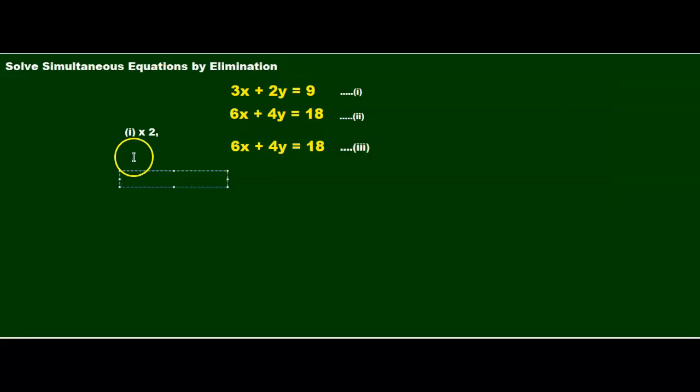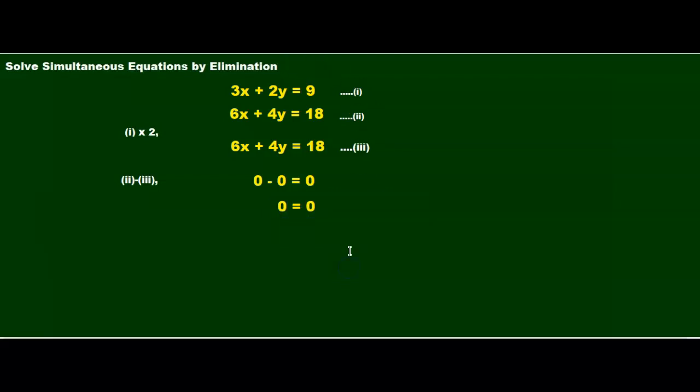Now if you notice, if I subtract equation 3 from equation 2, 6x minus 6x gives me 0, 4y minus 4y gives me 0, and 18 minus 18 gives me 0. So I in actual fact get 0 equals 0.